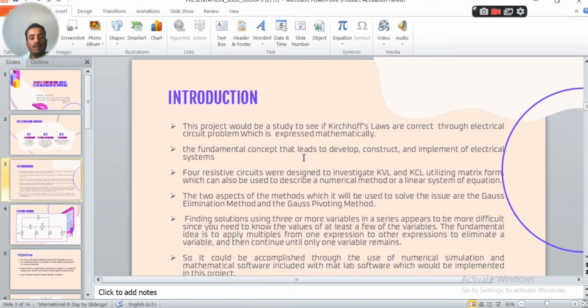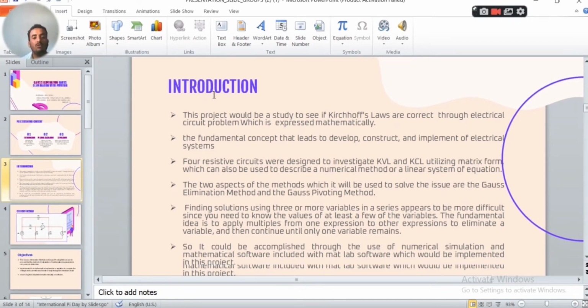The two methods used to solve the problem are Gauss's elimination method and Gauss's elimination method with pivoting. We have successfully calculated the electrical system we chose using the two numerical methods, and also proved the answer with MATLAB software.